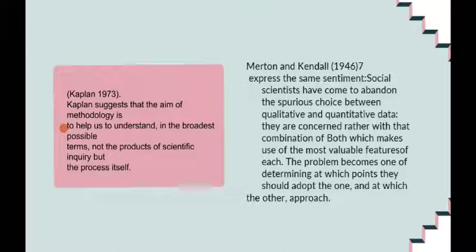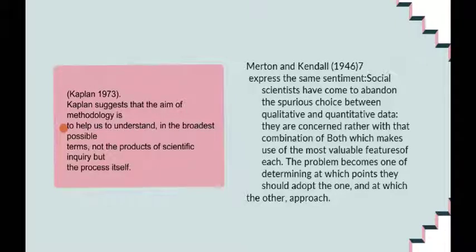Method and methodology. Kaplan suggests that the aim of methodology is to help us to understand, in the broadest possible terms, not the product of scientific inquiry but the process itself. Merton and Kendall express the same sentiment: social scientists have come to abandon the spurious choice between qualitative and quantitative data.